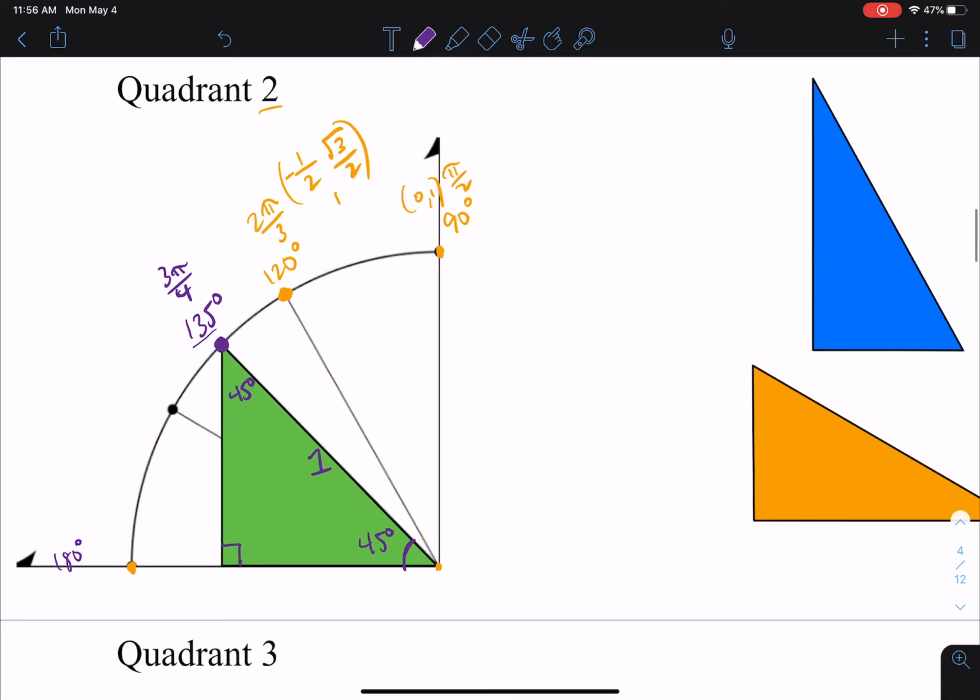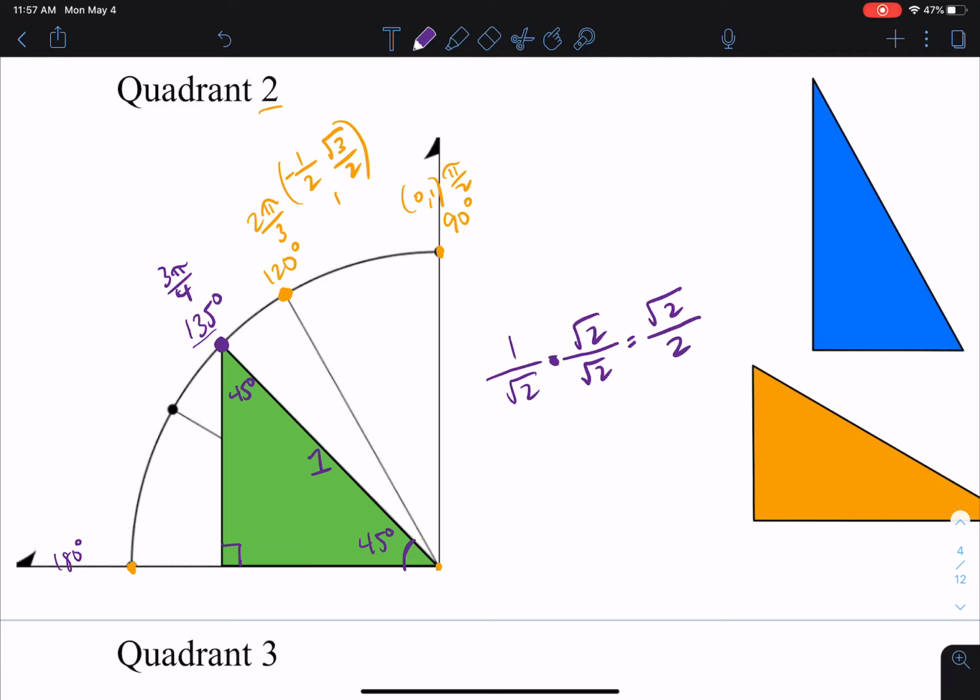So with a 45, 45, 90 triangle, I have to divide the radius by the square root of 2. So 1 divided by the square root of 2. And then to do that, I have to rationalize, so I have the square root of 2 over the square root of 4, which is 2.